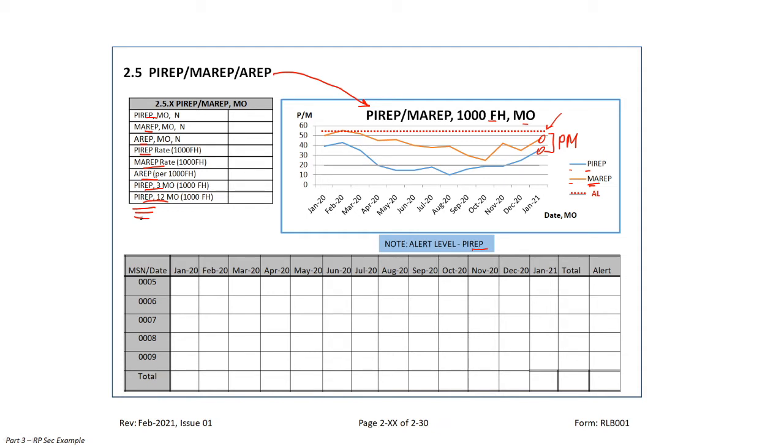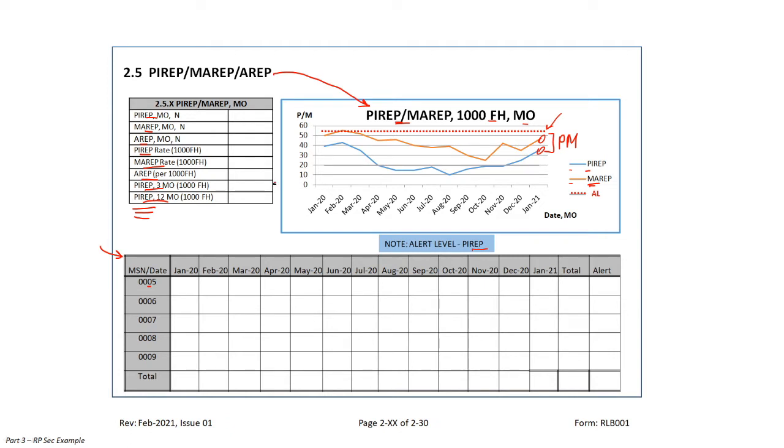aviation authorities' requirements. The next subject, it's very interesting again, it is MSN number against PyRep, MyRep numbers. So what I love about this type of format, presenting MSN against PyRep, MyReps, is that actually we can see correlation. Let me put it this way. We can see correlation between aircraft age and number of PyReps and MyReps.